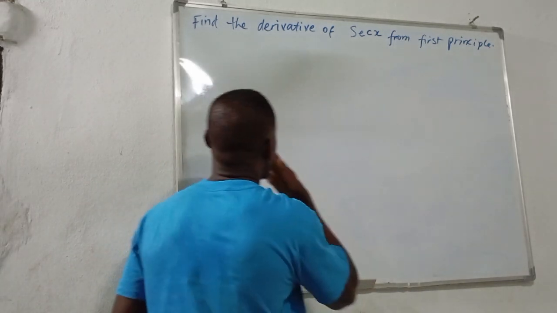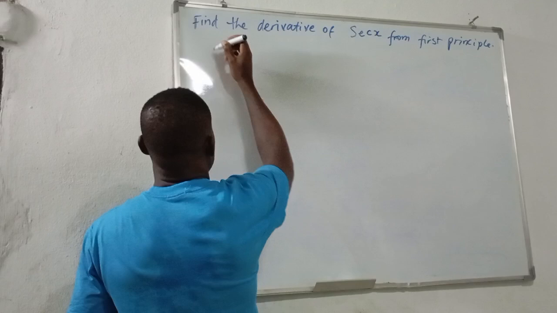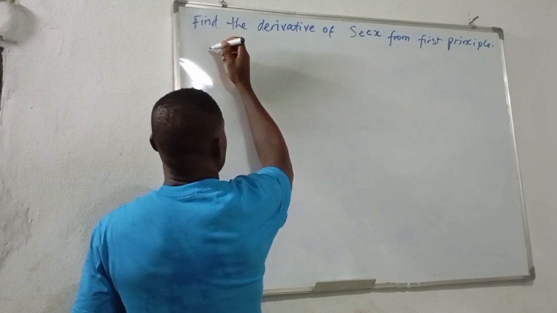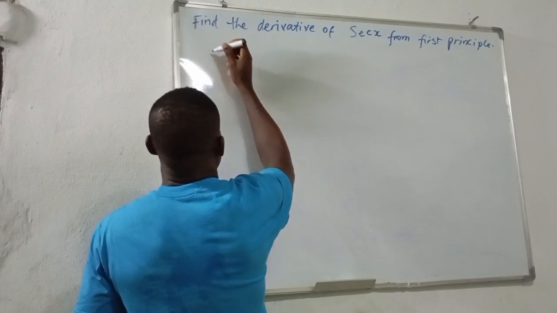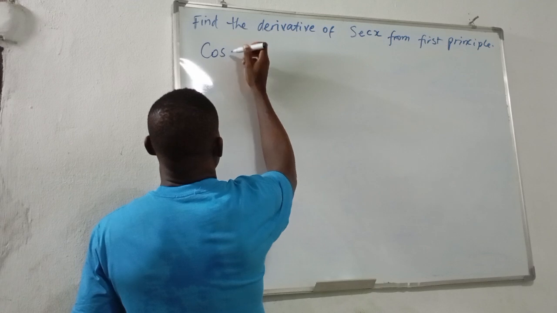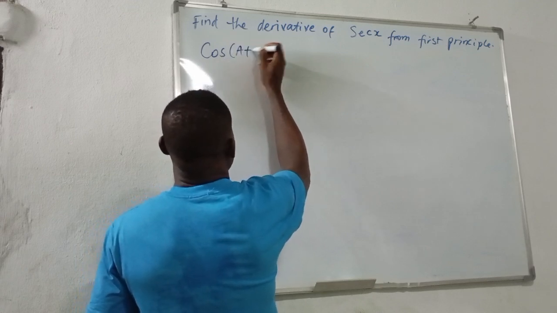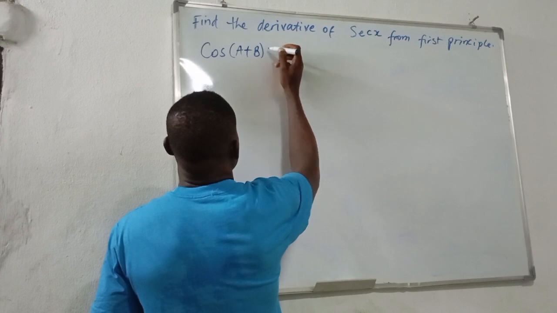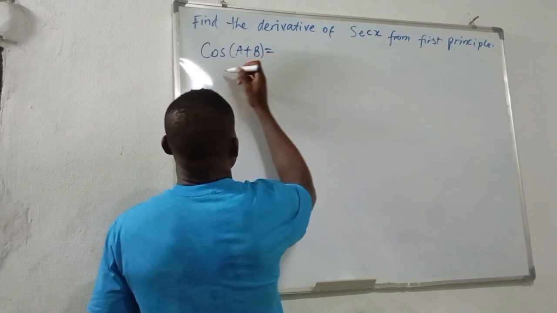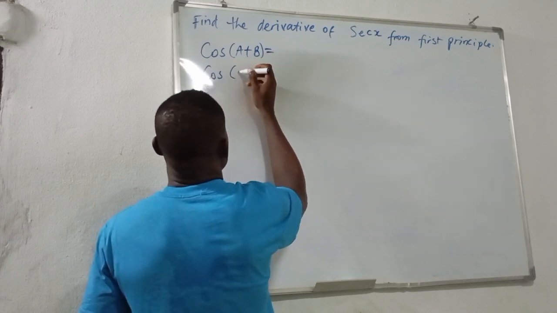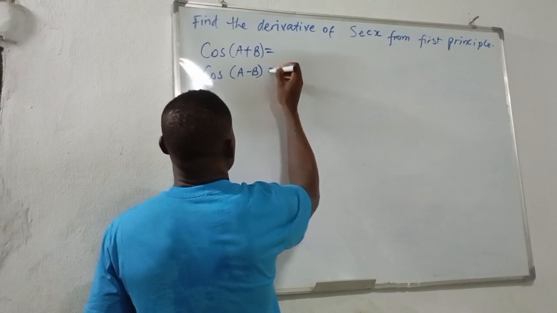Alright, so here I would like us to start by analyzing cos(A plus B) and cos(A minus B).